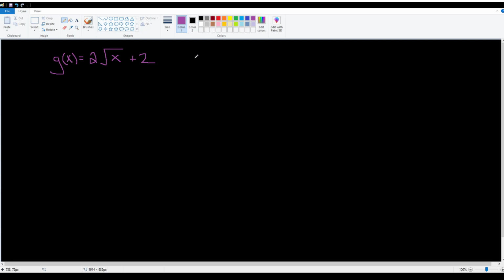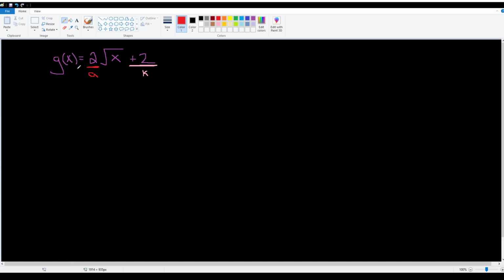So the first thing we should do here is look at all the different parts that we have. First off, this number out front that's being multiplied is my a. I don't have a number inside, so my h is just 0, and we don't worry about it. But then outside, this is my k. If we remember back, my a is going to tell me whether it gets stretched, compressed, or flipped.